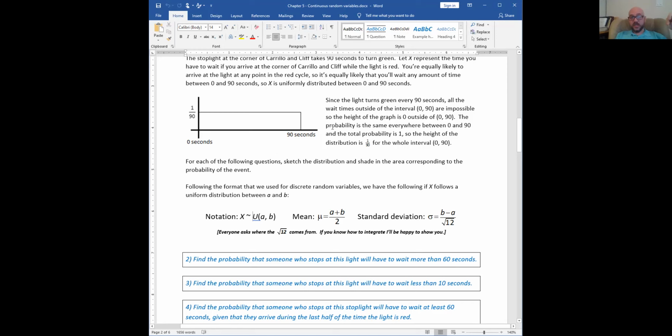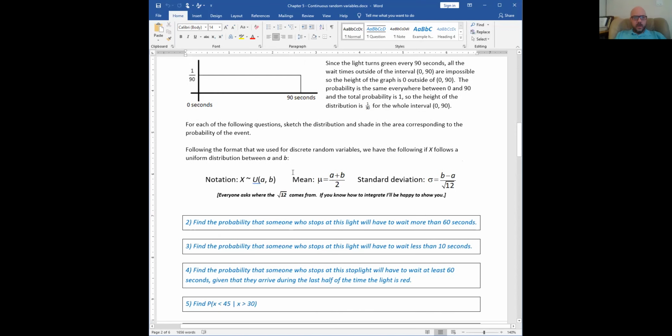You just take 90, in this case, 90 minus 0 tells us it's 90 units long. If I had a uniform distribution from 20 to 50, for instance, then it would be 30 units long. And so the height would be 1 over 30. Right, it's 1 over whatever the length of the base is, so that the area is 1.